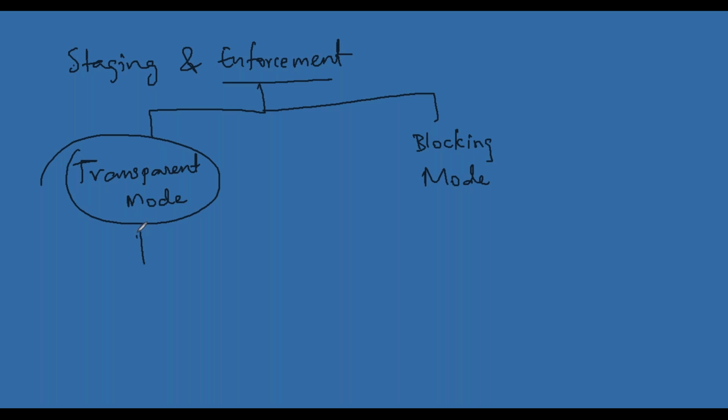So most policies, when you create them, initially run in transparent mode for the ASM to inspect the traffic and build a map around it. All the violations which get triggered while the policy is in transparent mode, the administrator can view, inspect the traffic, see whether it is valid or not, and then proceed accordingly.